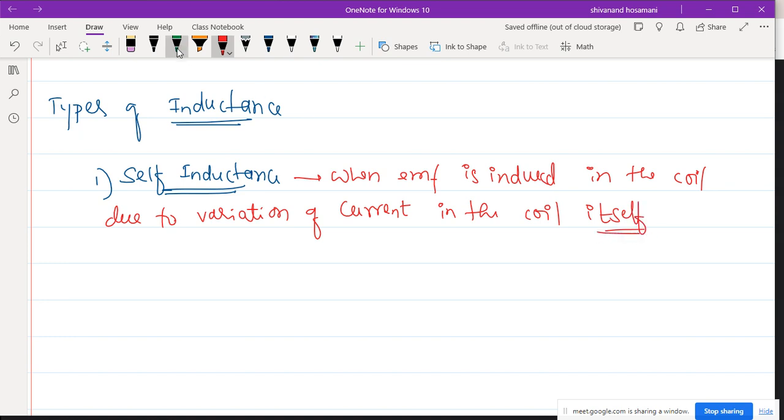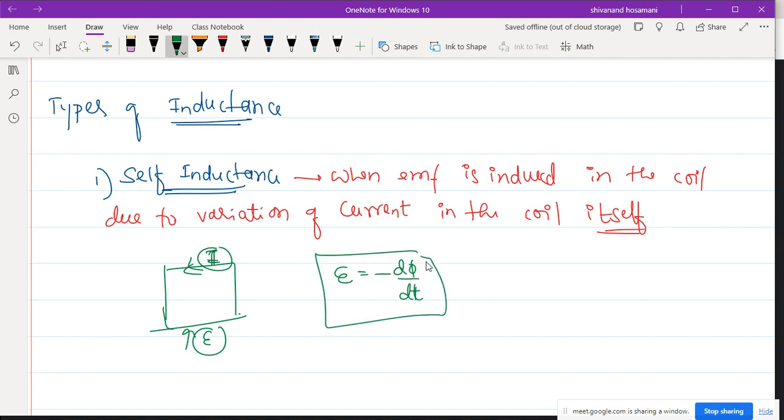For example, take a coil in which current is already flowing. Due to the variation of the current, the coil induces an EMF in itself. Therefore induced EMF is equal to minus d phi by dt, that we know.